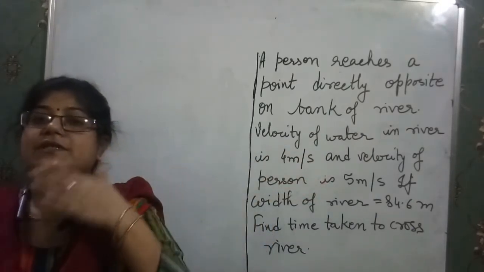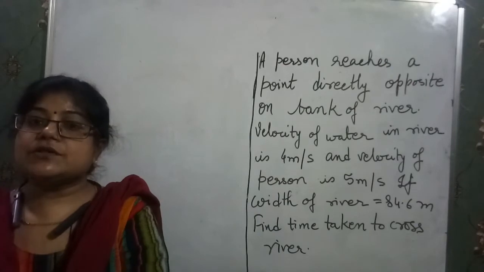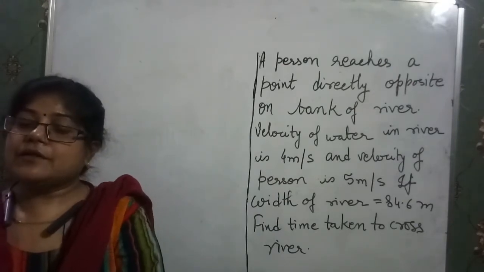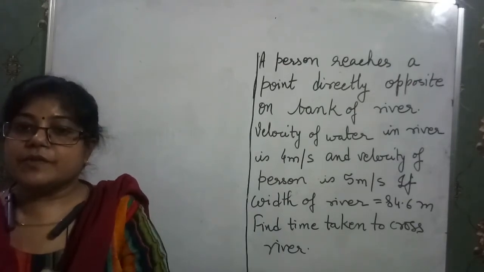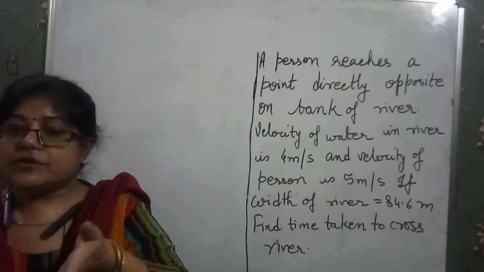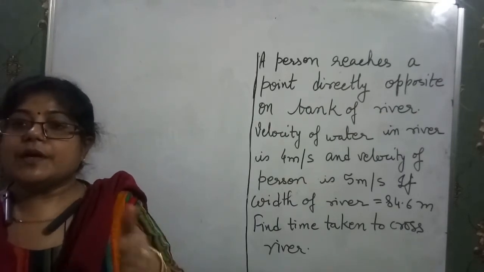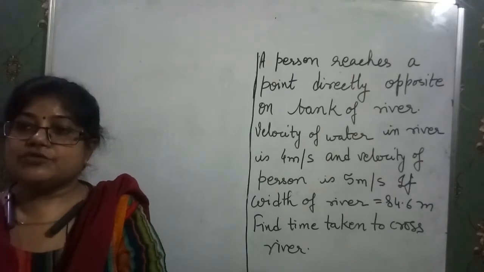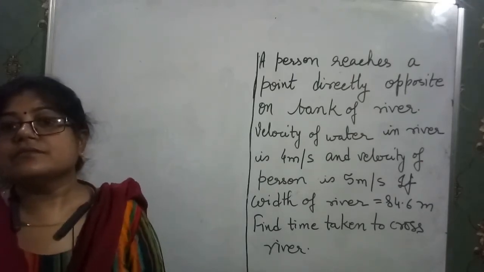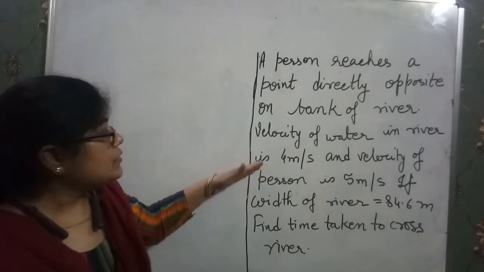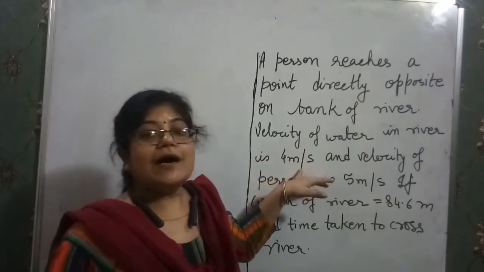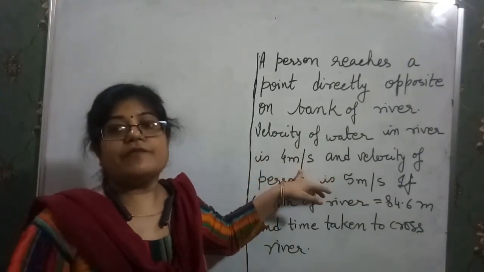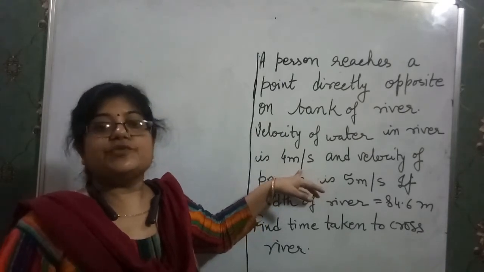Because whenever we cross any river, there must be some velocity of the river, and the man tries to cross the river with some velocity. But because of the velocity of water, his actual velocity gets distorted. So we have a different net velocity.